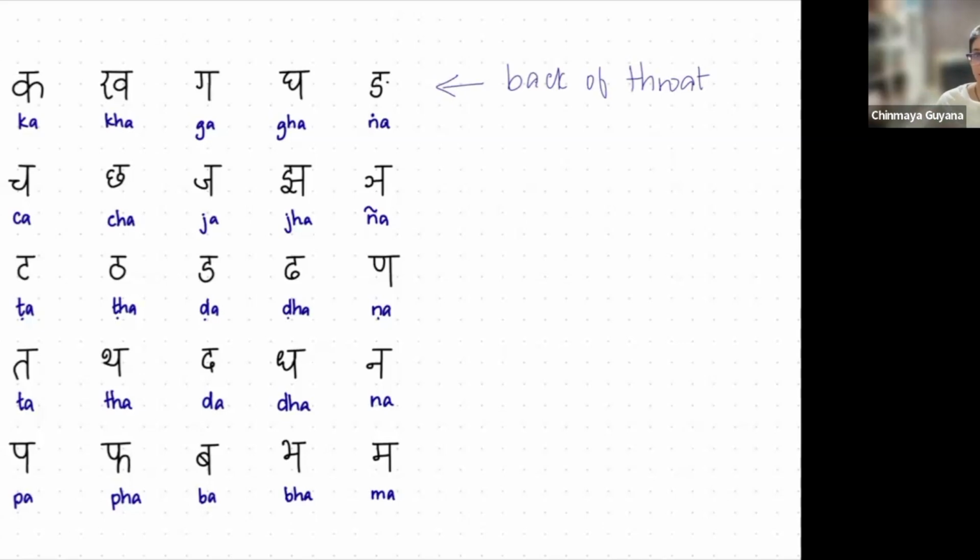Okay. Now next line. Say cha, cha, cha. What is your tongue doing when you're saying cha? Say it slowly and see if you can identify. Cha. If you're saying it, you'll identify your tongue is touching the edge teeth of your mouth.